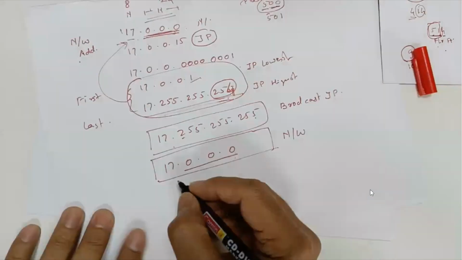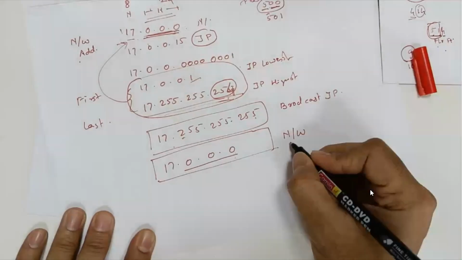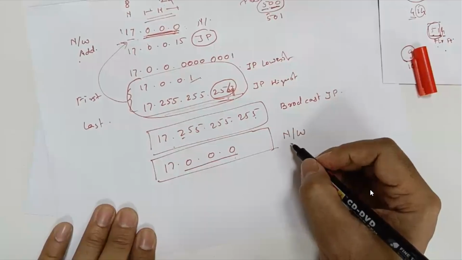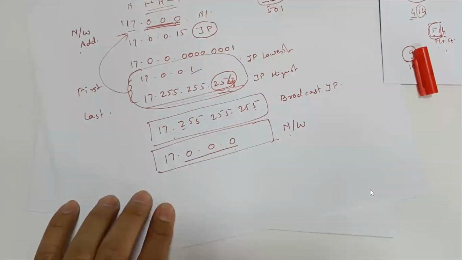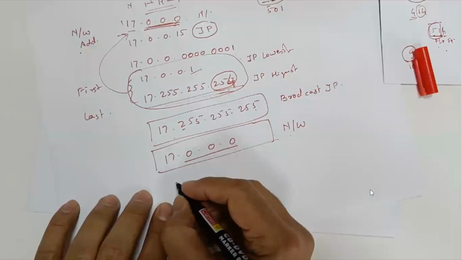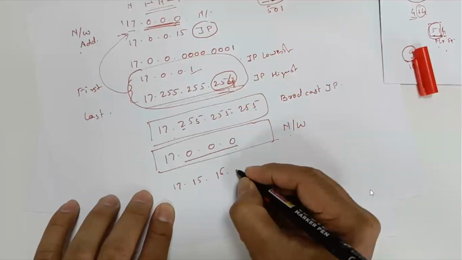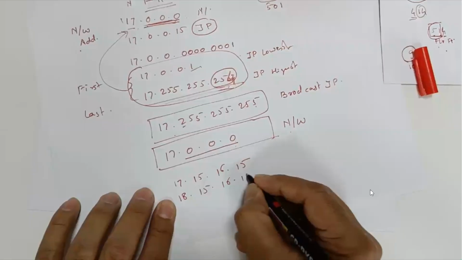Network ID and IP address. Can you please repeat the question? Can you tell the difference between network ID and IP address? Okay, let's say I have the IP address 17.15.16.15.